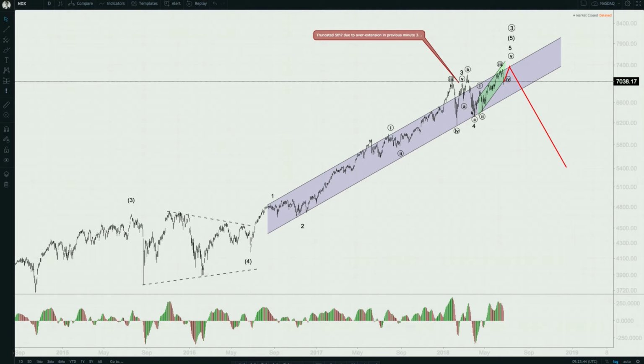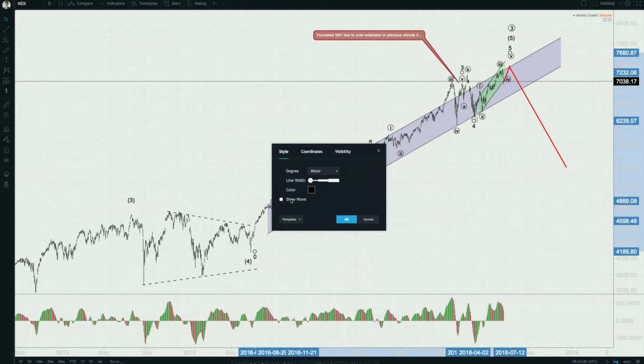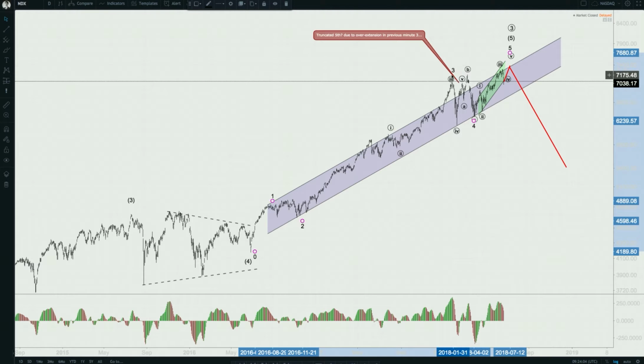What I changed since last time is that I initially had this whole move since this January high to the April low here as one correction of this minor degree of trend. Minor, as in that's the name of the Elliott wave degree. Not that it's quite a large degree actually, but it's called minor.